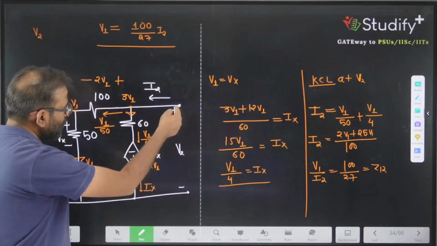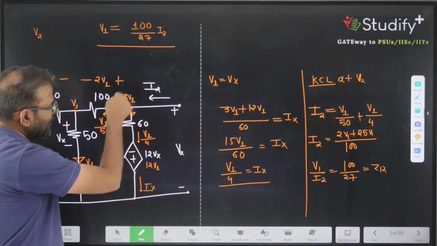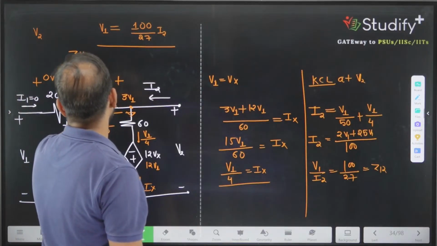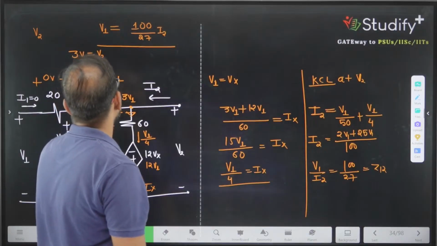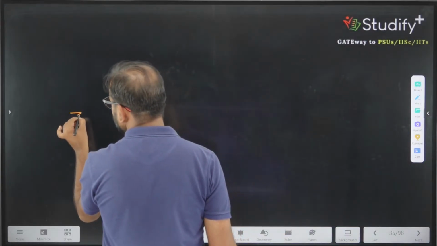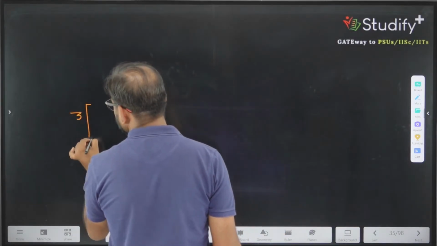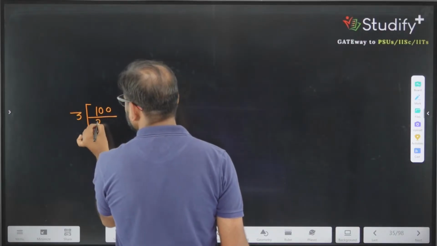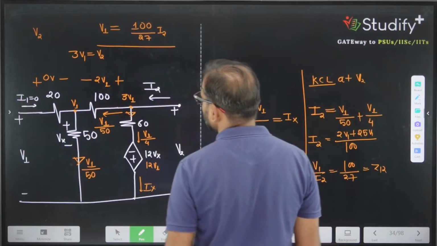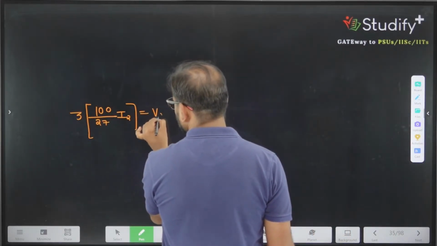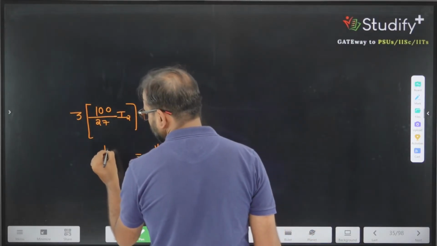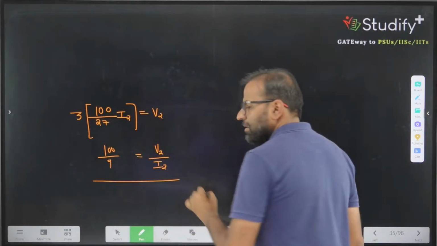V2 also represents the potential of this point, and 3V1 is the potential of the same point. So 3V1 is equivalent to V2. If I use this, instead of 3V1, I can write 100 by 27 I2 equal to V2. So the V2 divided by I2 ratio is given by 100 divided by 9. Now we know all the parameters.